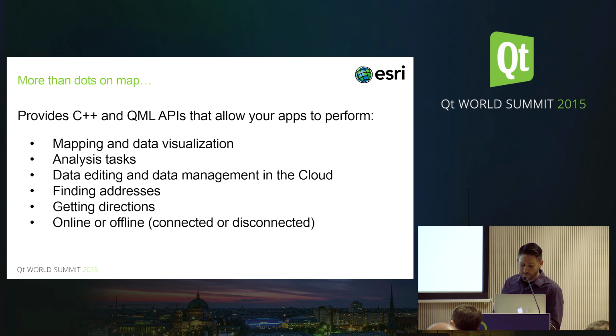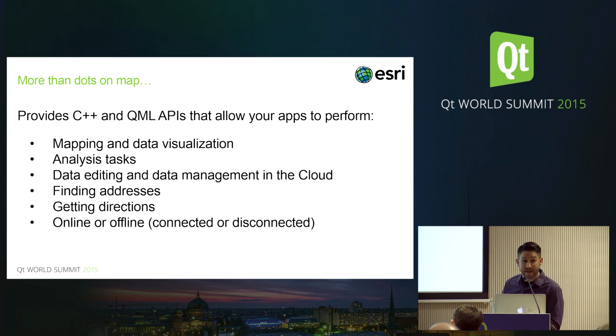You might be interested in building apps that would allow you to perform different analysis tasks and visualize your spatial data in maps, find addresses, get directions. We've had a few people yesterday asking about being able to route, and that's available with our Esri technology in ArcGIS.